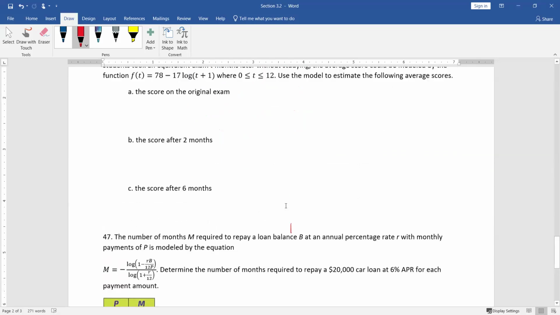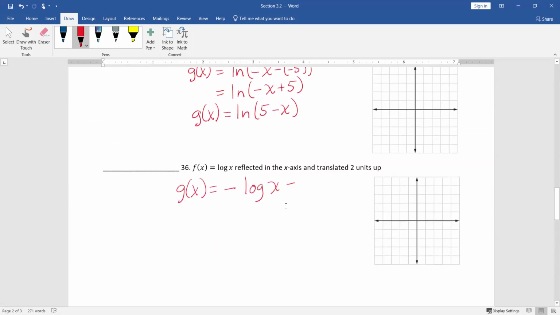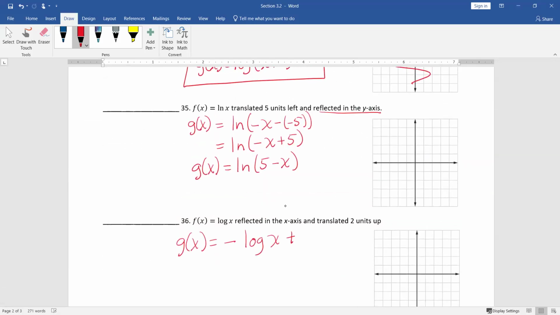We now have a change to the k. So in this case, the +2 does not go inside the parentheses because we have a vertical shift as opposed to a horizontal. And so when we take a look at that, go back to the calculator, which is y.